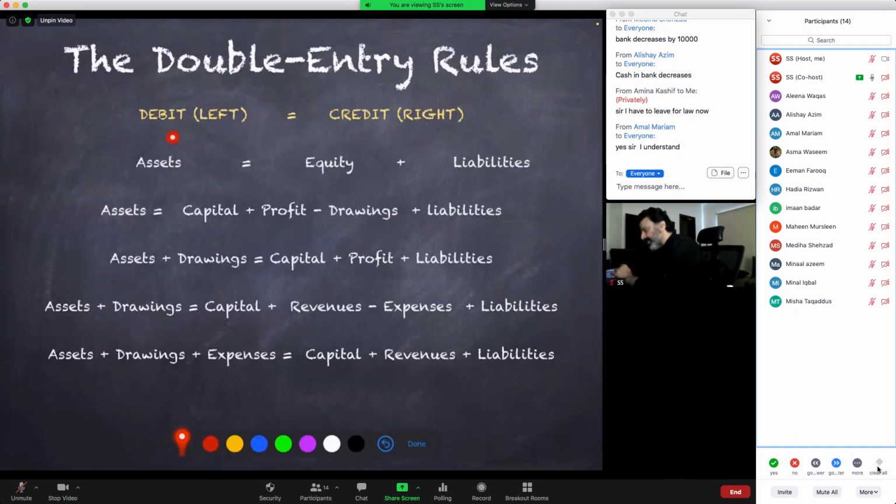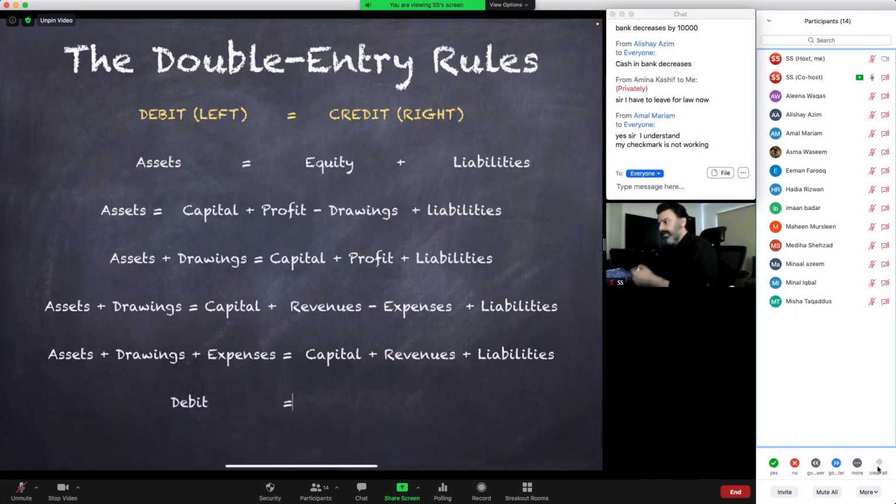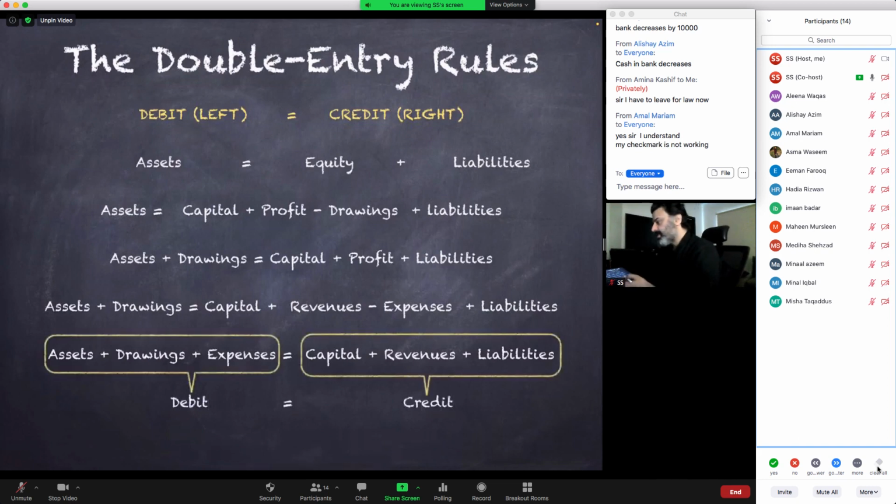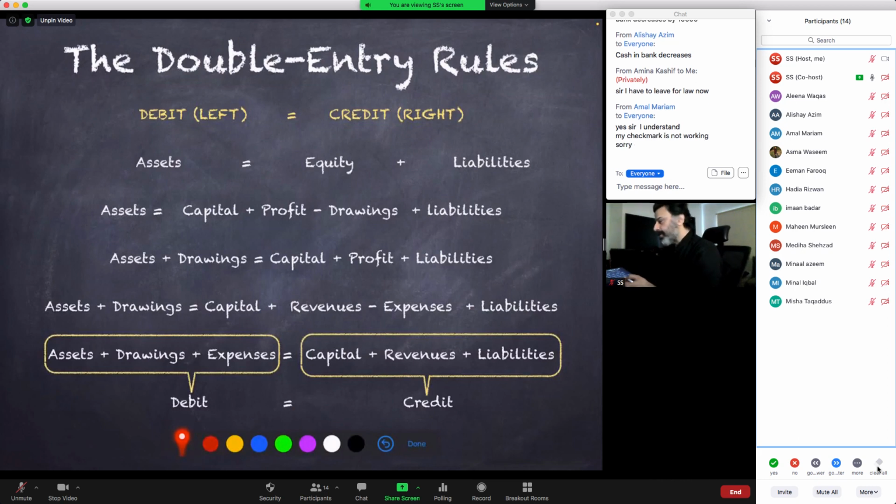Debit simply means left, and credit simply means right. And debit, left, and right means now this final conclusion here. So, in double entry bookkeeping or in accounting in general, assets, drawings, and expenses, they are set to have a debit nature by default.